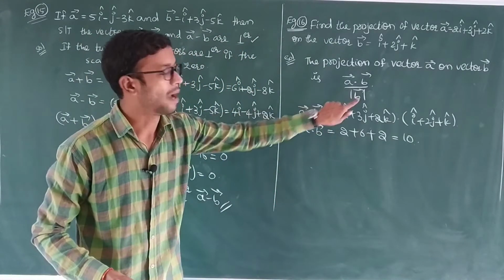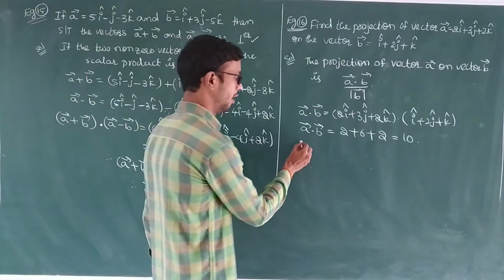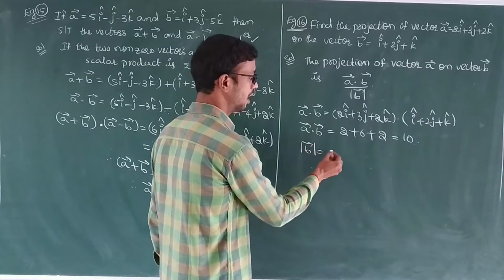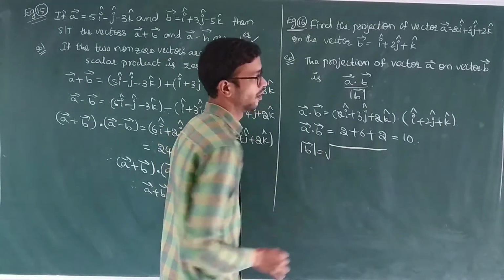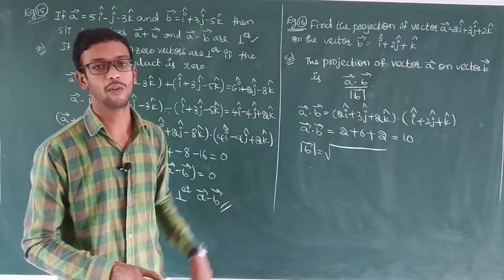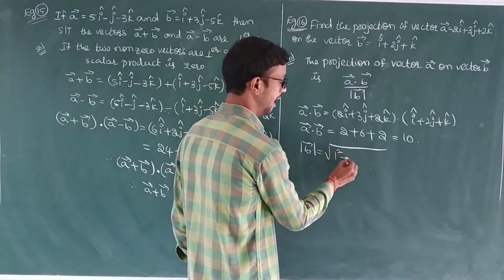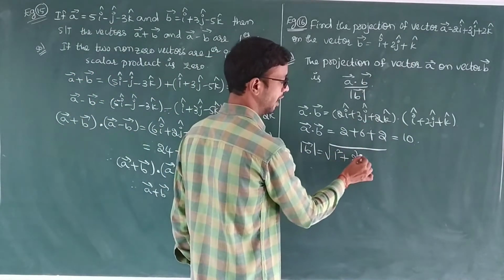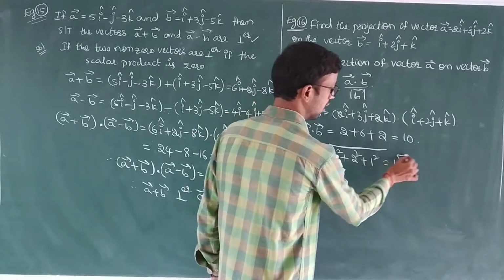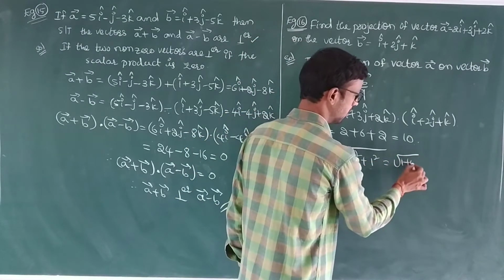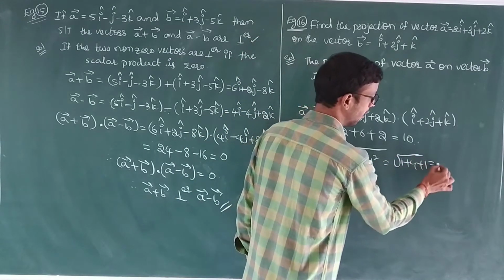Next, magnitude of B bar we have to find. What is the magnitude of B bar? Square root of the corresponding coefficient squares and addition: 2 square plus 1 square. Total it will be 1 plus 4 plus 1, root 6.